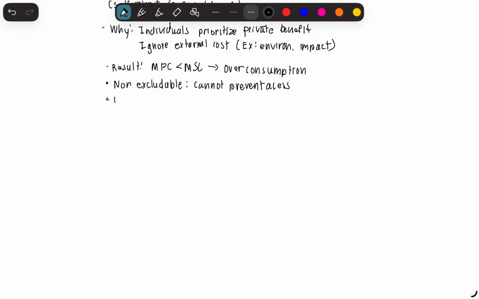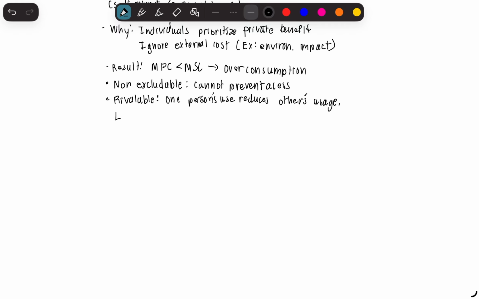And also, it is something that is rivalrous, which means that one person's use reduces others' usage because there's a limited amount. So like, you have 6 copies of an album, you buy one of them, now there's only 5, so less people can use it.